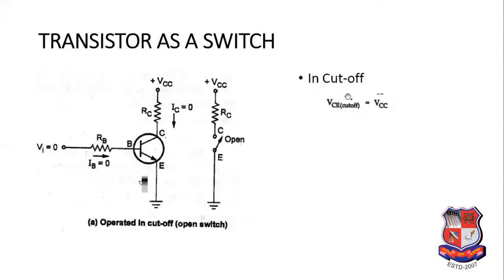In the cutoff region, if we do the analysis, the voltage across collector and emitter, VCE, is equal to the applied voltage at the collector terminal, VCC. So when we provide 0 volt at the base terminal, the NPN transistor acts as an open circuit.